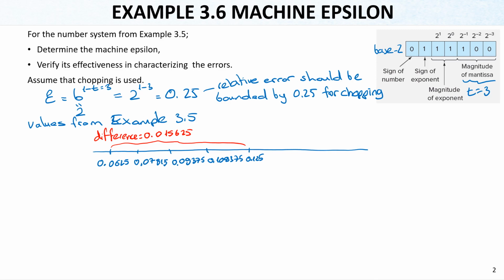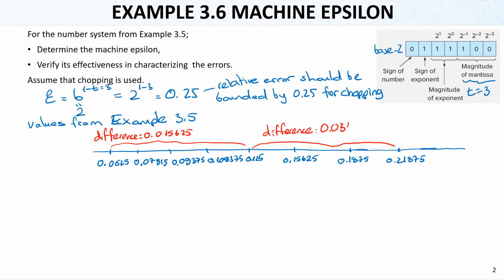Now let me write them down. 0.125 we said, and let's increase the difference: 0.15625. These are the values that we determined in example 3.5, so you can go back there to remember these. 0.1875 and 0.21875, and it goes like this. After this it will increase again, but up to here the difference is 0.03125.